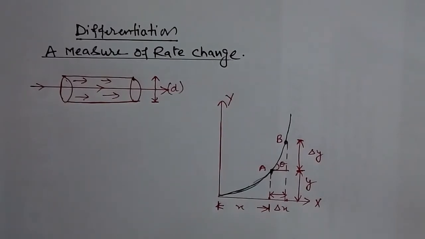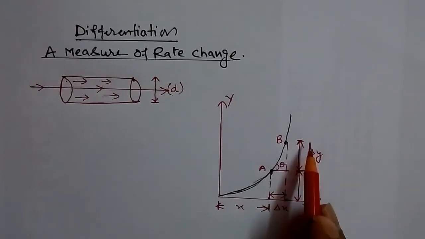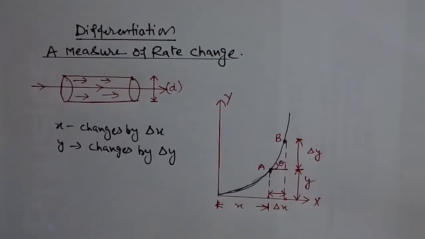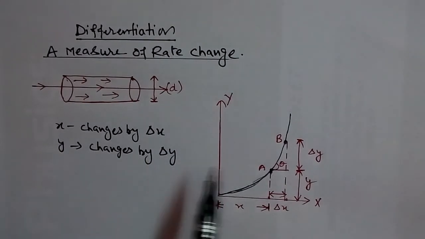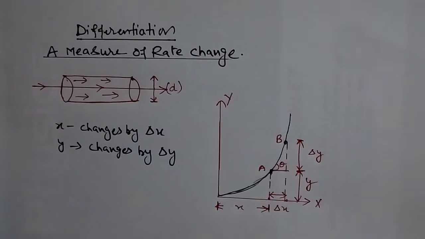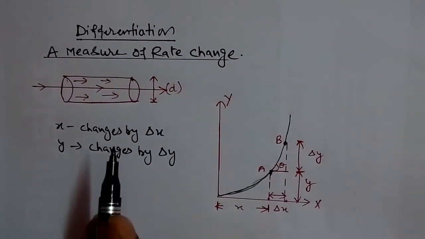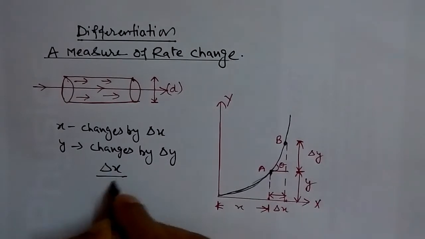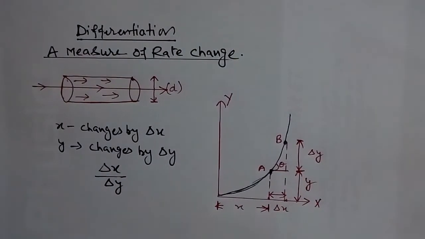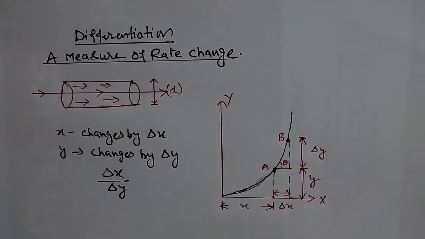So students, in the graph we can see that as x changes by delta x, y changes by delta y. So we can write down the rate change as delta y divided by delta x. If you try to locate the coordinates of the points A and B, we can obtain them as follows.